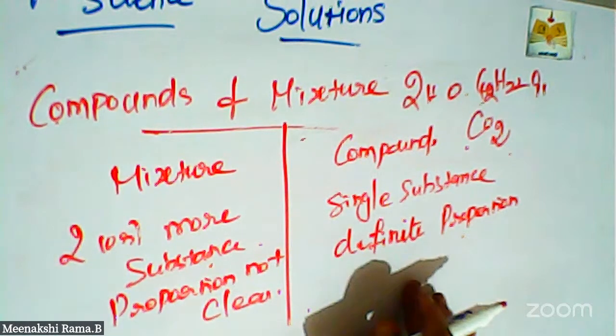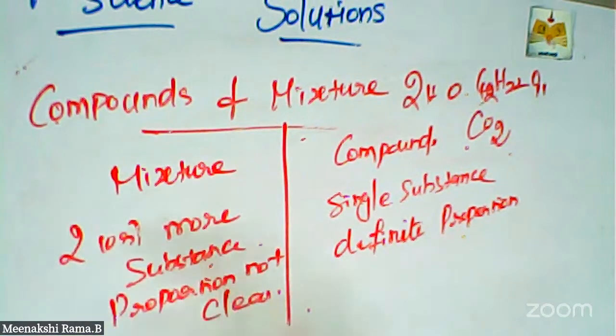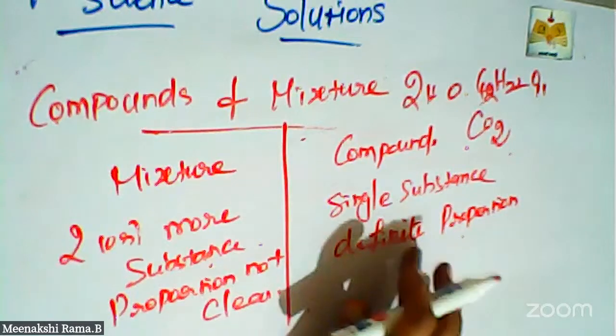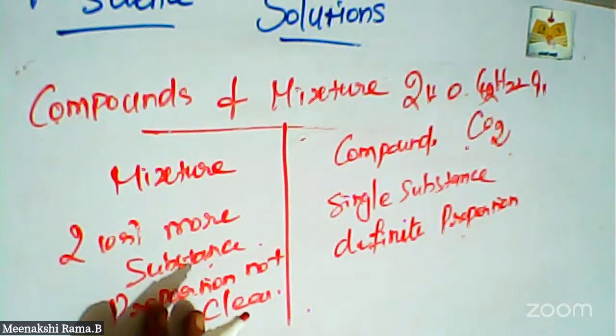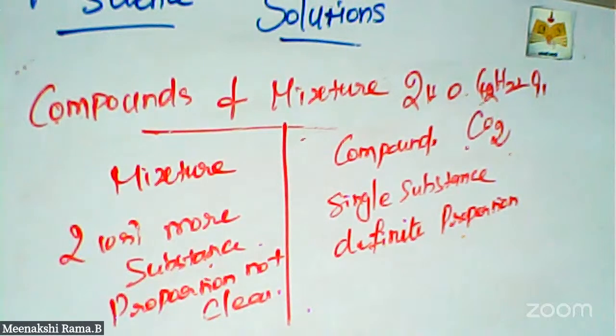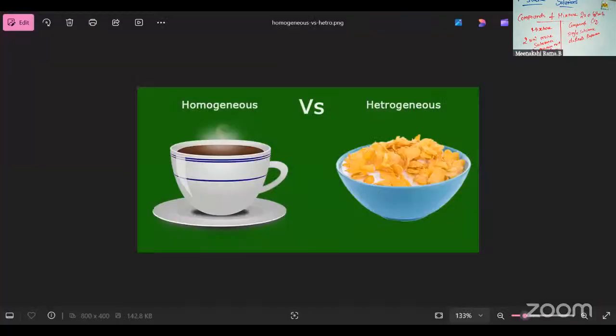But coffee, can I take one tumbler of coffee? Shall I separate the coffee powder and the milk? Never. So it is not easy to separate those components in a compound, but in a mixture the components are easy to separate. So these are the differences between compound and mixture.